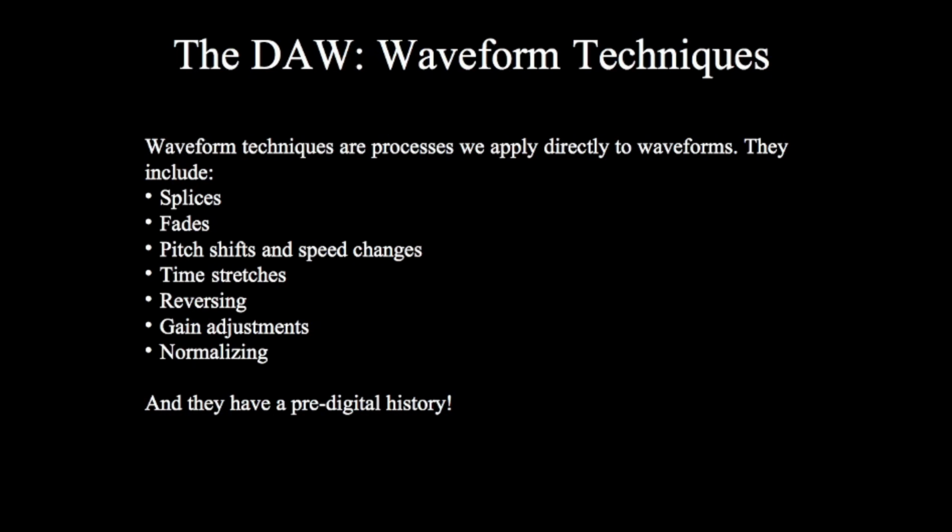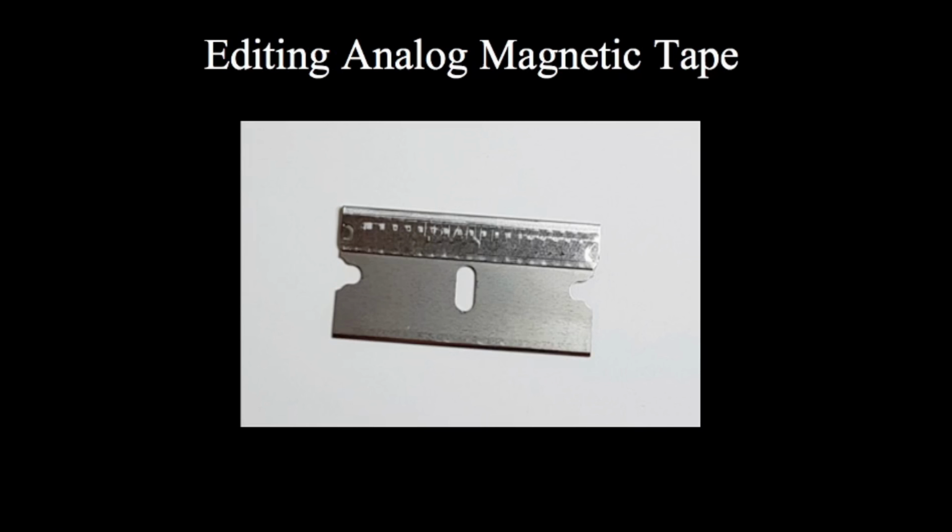So, what is the pre-digital? And of course, as we've learned so far in this class, when we say pre-digital history, we're usually talking about analog, the analog history of waveform techniques. Well, it all goes back to a razor blade.